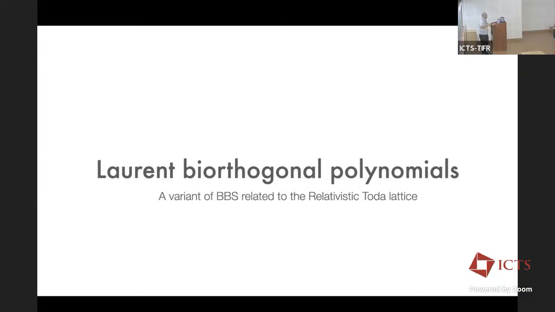So let's think about a different type of orthogonal system, the so-called Laurent bi-orthogonal polynomials. Many people know that from Laurent bi-orthogonal polynomials, the relativistic Toda equation arises. It means that we want to introduce the ultra-discrete relativistic Toda type BBS.